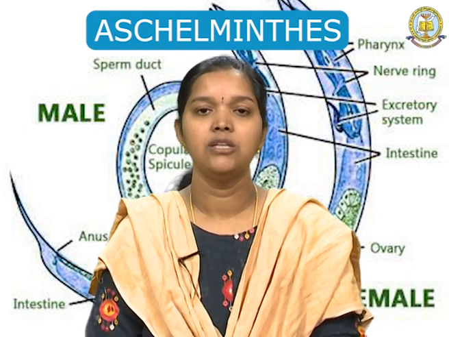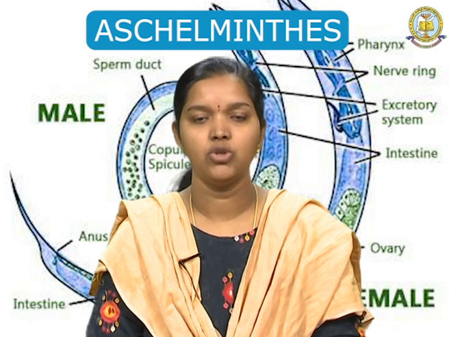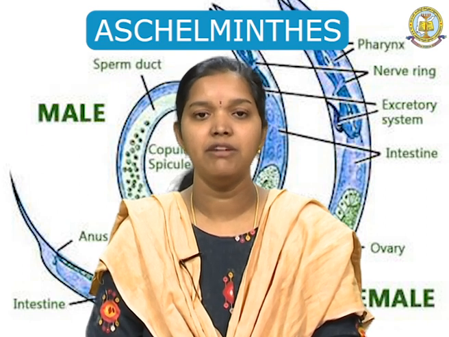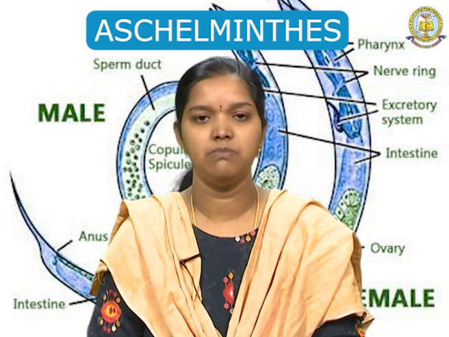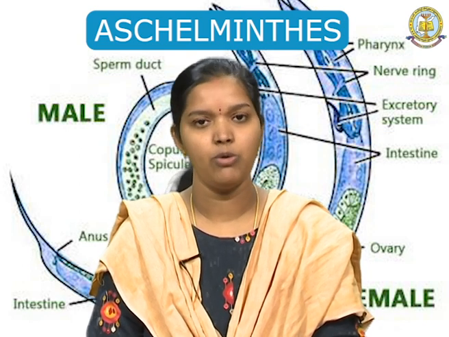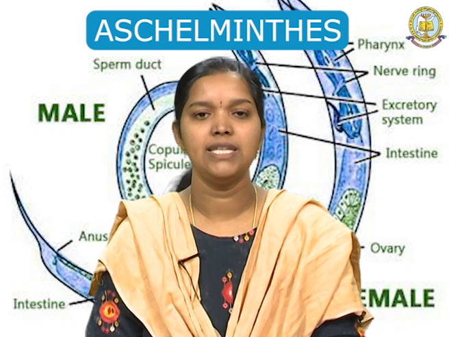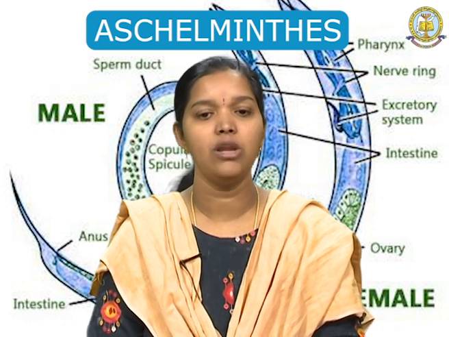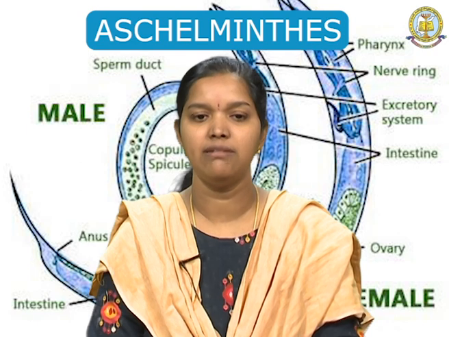Viviparous means they give birth, so the development of the complete organism takes place within the body, and they give birth to newborns. No larval stages are present during the development.